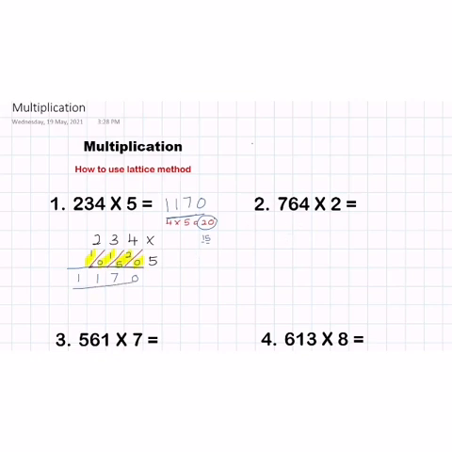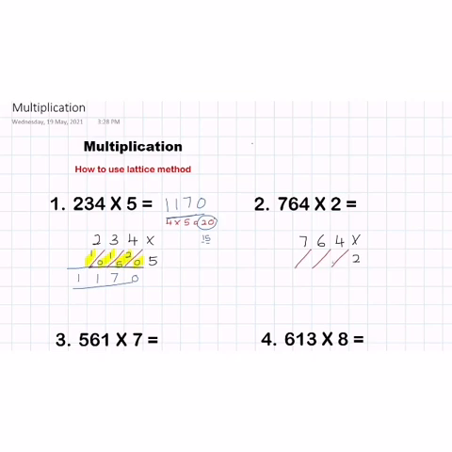Same goes here. You need to write the question 764 times 2. This is the way to write the question and you need to divide the boxes into two parts.